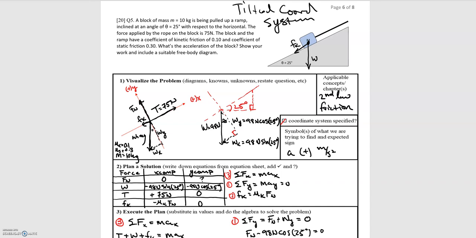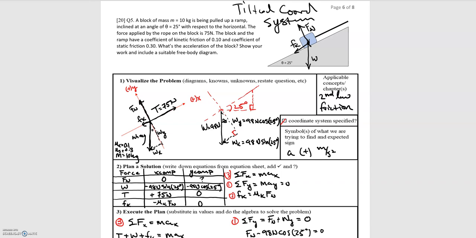We have a normal force that is perpendicular to the surface, and that is from the incline acting on the block.